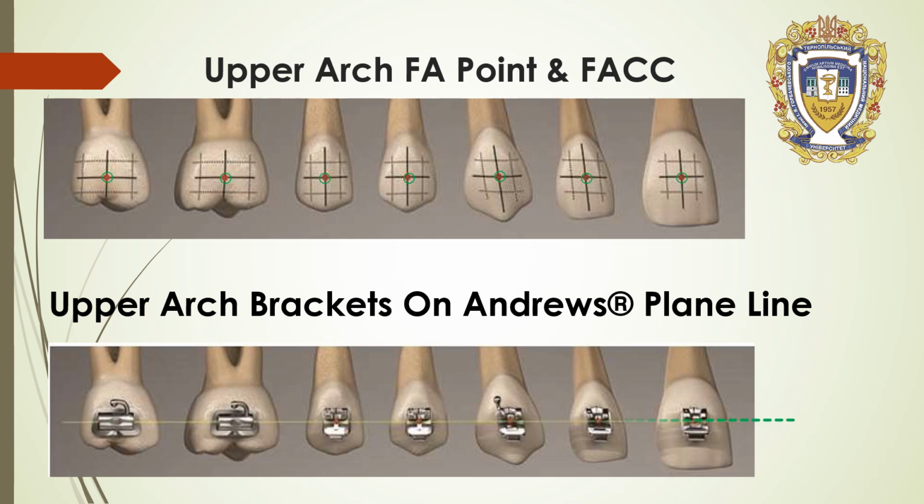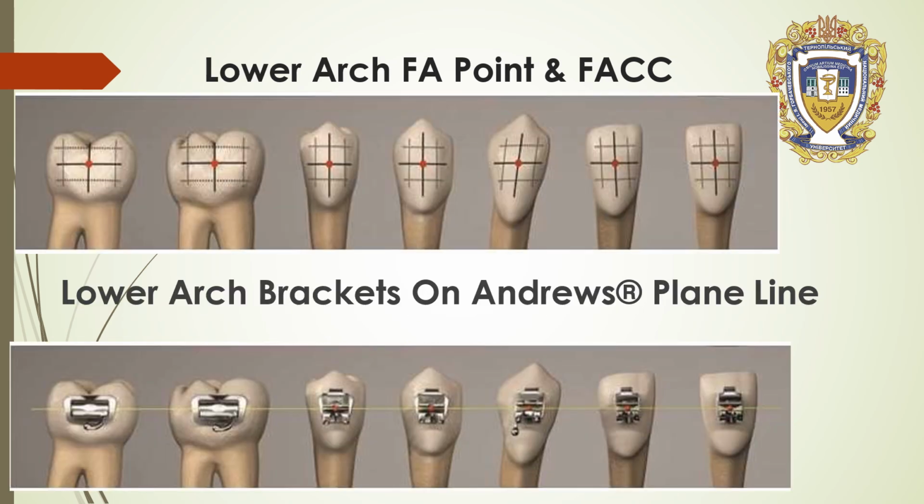As you can see, slots of all brackets and molar tubes are on one plane, the Andrews plane line. And the same picture for the lower dental arch. In the upper picture, they are shown lower arch facial axis points and lower arch brackets on the Andrews plane line.